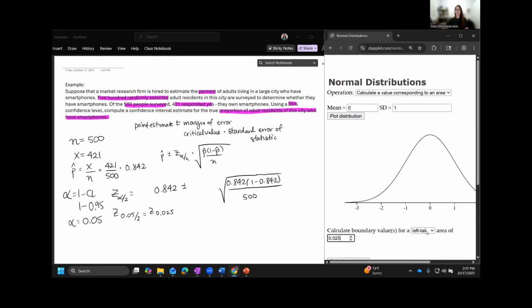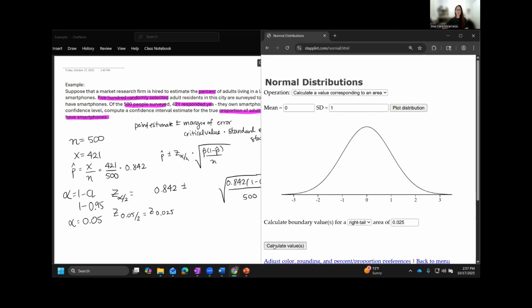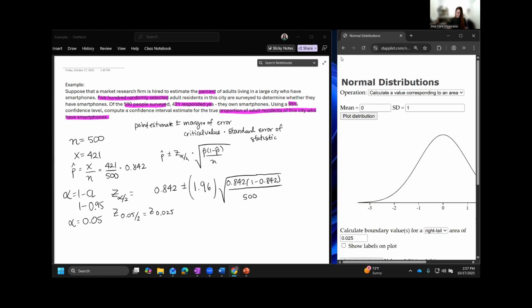And I'm using the area to the right just because it helps me in my calculations to have a positive critical value. You could do left as well, but just not take the sign. So the critical value that we have is 1.96. So Z of alpha over 2 is 1.96. And then we're going to use that to perform our calculations for our confidence interval.